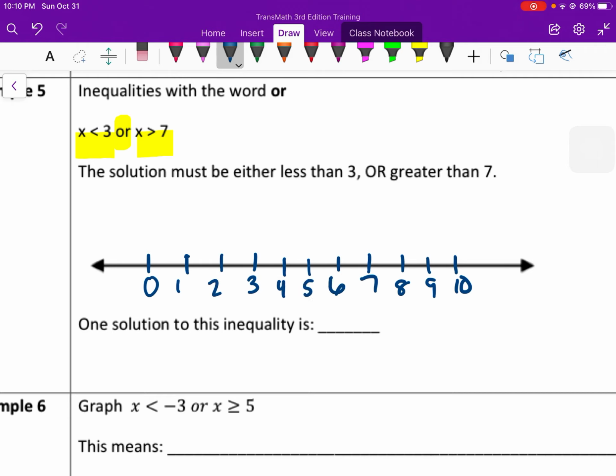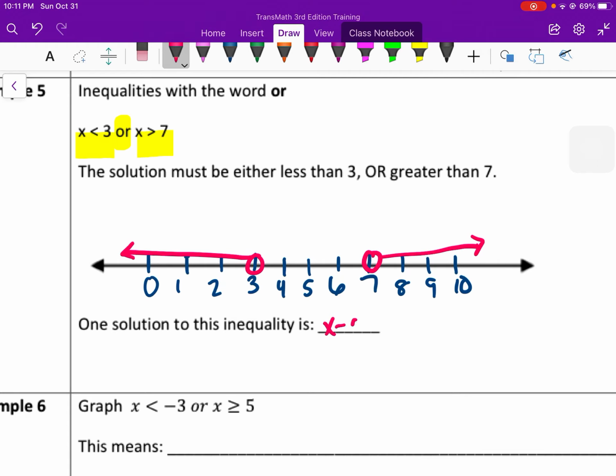So I just counted by ones. X is less than 3 is an open circle at 3. Less than is like 0, 1, 2, 3, so to the left. Or x is greater than 7, so an open circle at 7, but greater than 7 is to the right.